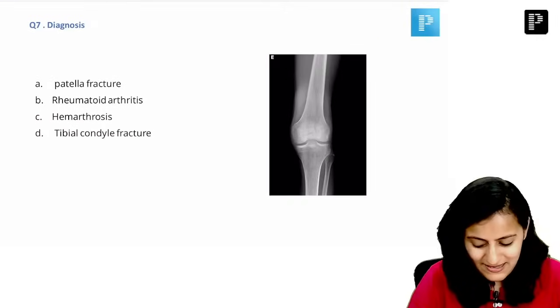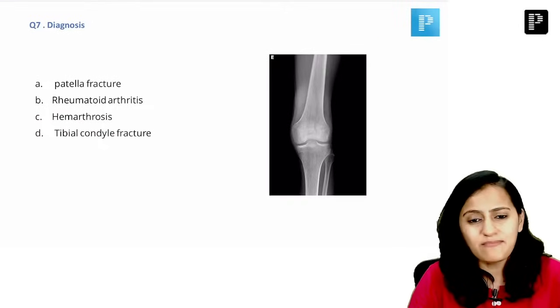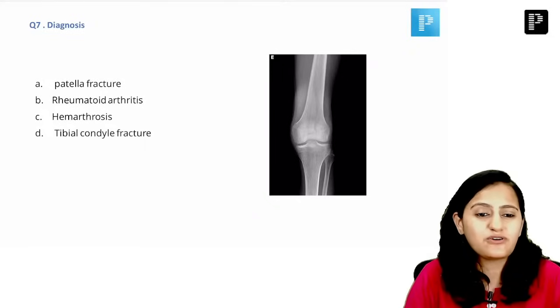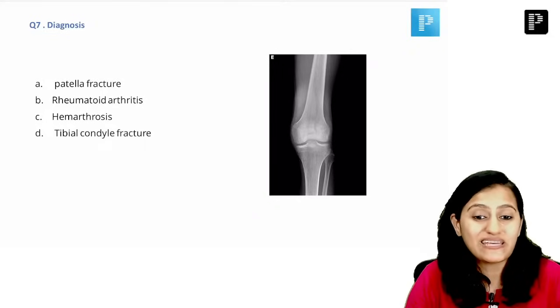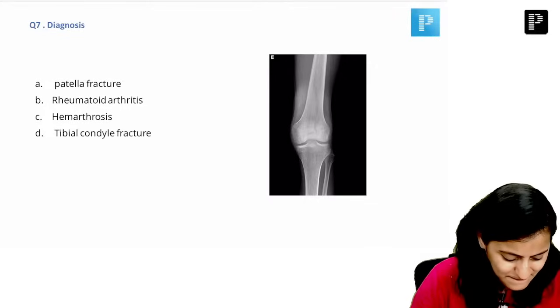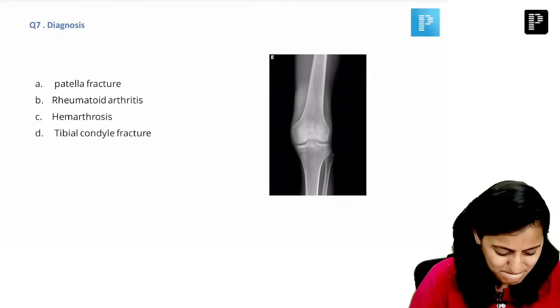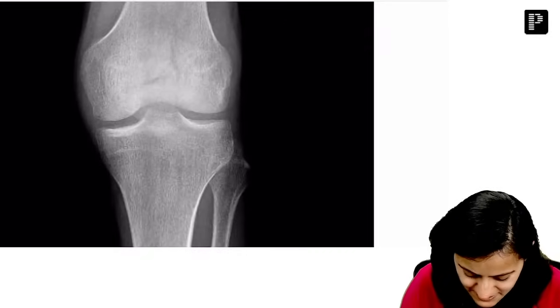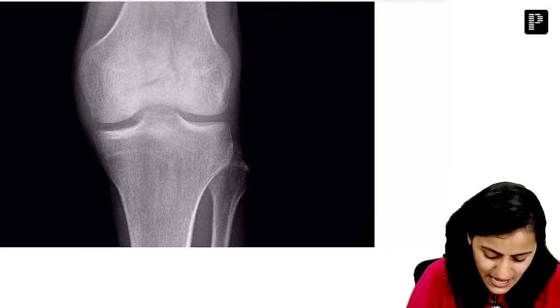Okay. Next one. Same image was asked in your exam, I believe. What is the diagnosis? Patella fracture, tibial condyle fracture, rheumatoid arthritis, or hemarthrosis? If you look at this image, this is how you had to pick this up.